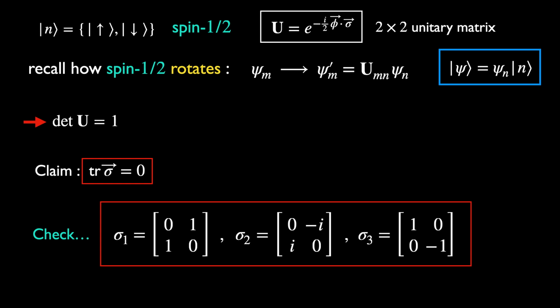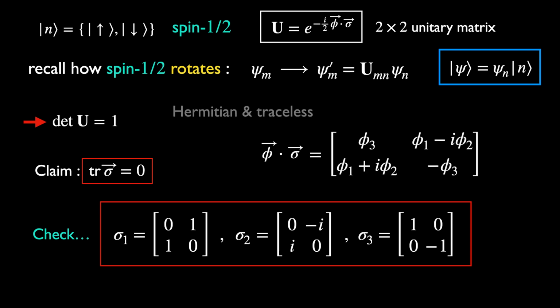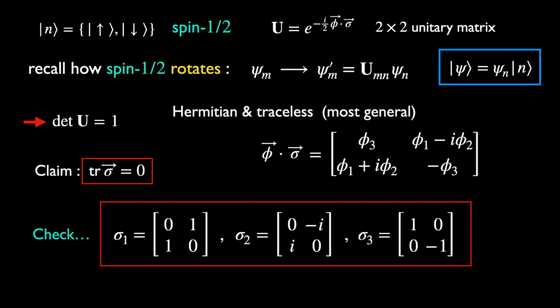Also notice that if we take the dot product of any real vector phi with the Pauli matrices, we get the most general 2x2 Hermitian matrix that is traceless. And since any unitary matrix can be generated by a Hermitian matrix, and those with determinant 1 can only be generated by a matrix that is traceless, this means the expression for U above covers all 2x2 unitary matrices with determinant 1.